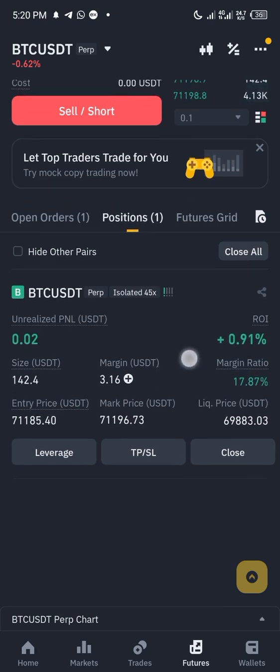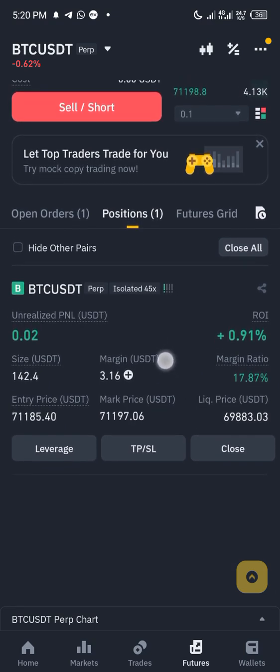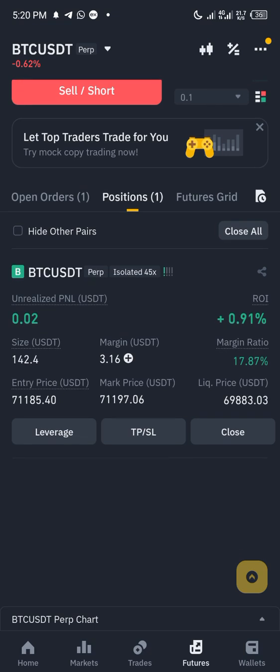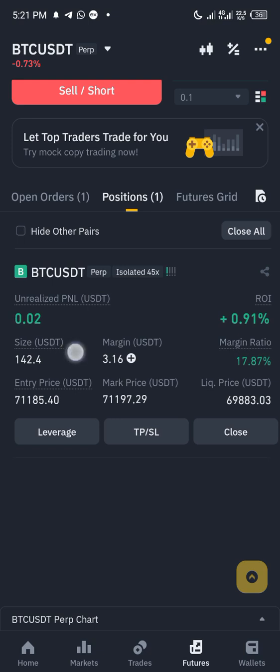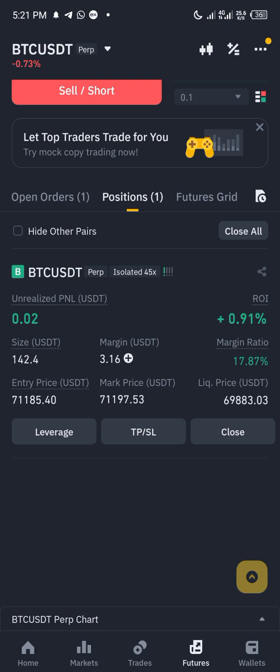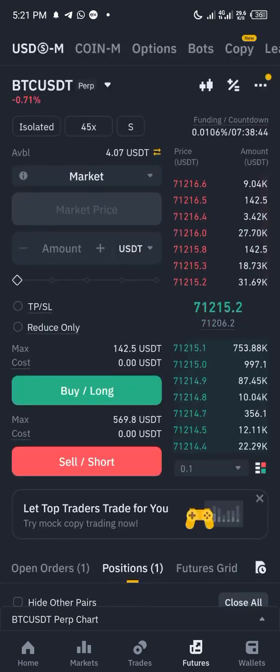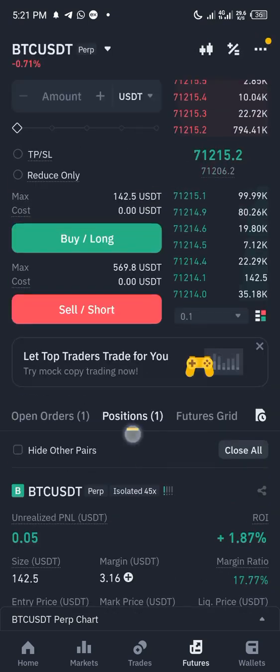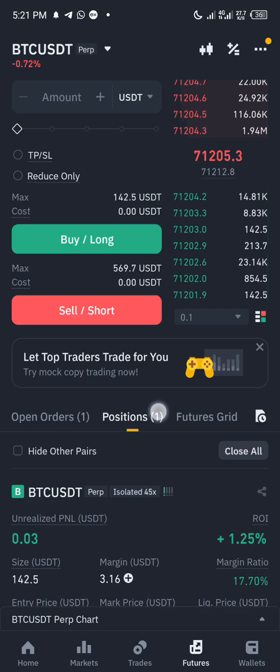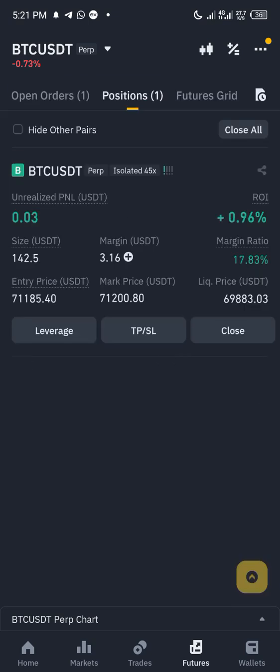This margin in USDT, which is 3.16 USDT, is the real amount from me personally that I used to enter the $150 trade. The one right here is the size in USDT. This is the total amount of money I used to enter that trade using the power of 45x leverage. You can see it here.